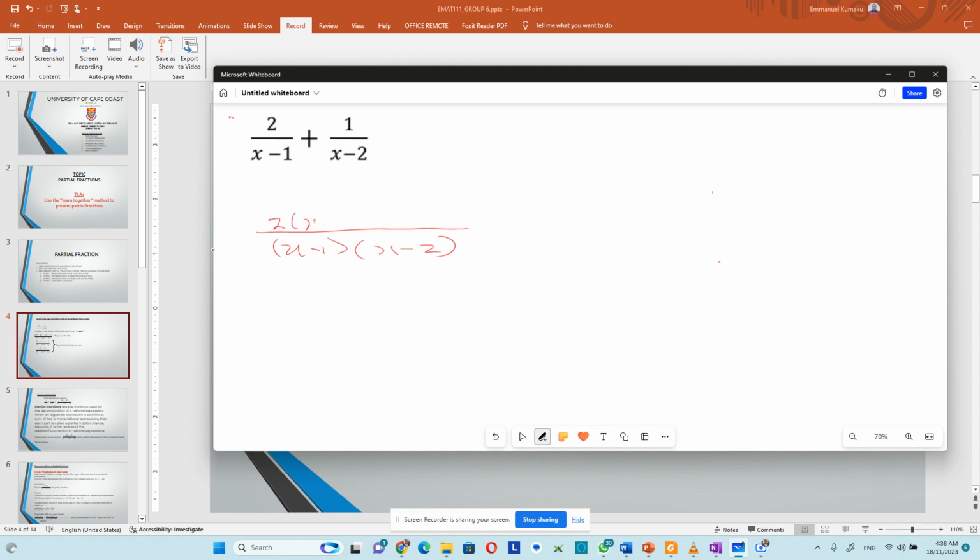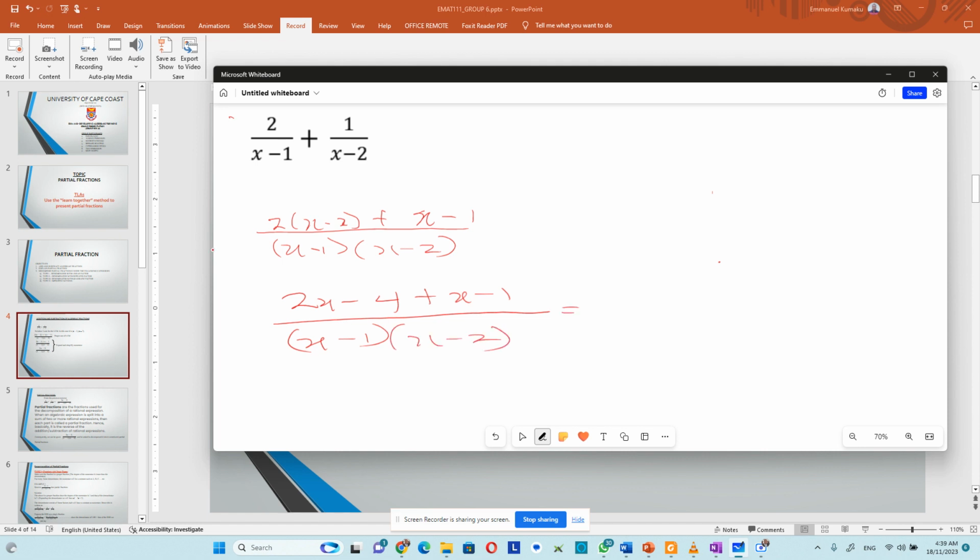The 2 will multiply x minus 2. Then this also takes care of this. Then the 1 will multiply this bracket, to be the same value, x minus 1. Opening the brackets, we have 2x minus 4 plus x minus 1 all over x minus 1, x minus 2. Good.